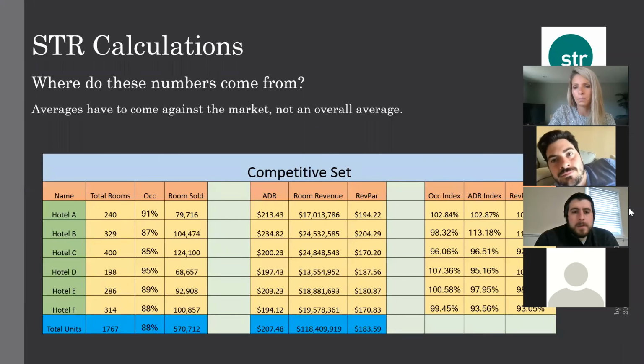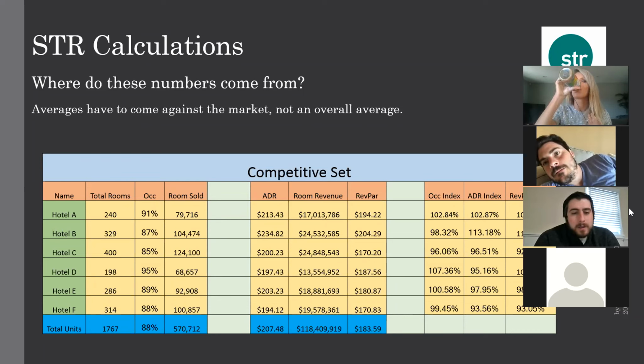Yeah, just really what Bianca means when she says it's not the average divided by 5 is, for example, if you look at your occupancy numbers here, you see 91%, 87%, 85%. And then at the bottom, you see the total occupancy for the market. So that's the total number of rooms sold divided by the total number of rooms. When you're getting your occupancy index, you're not just going to be averaging this divided by 5.